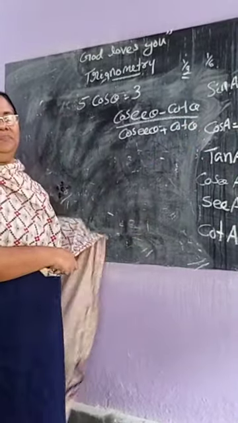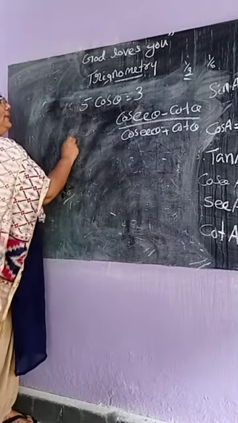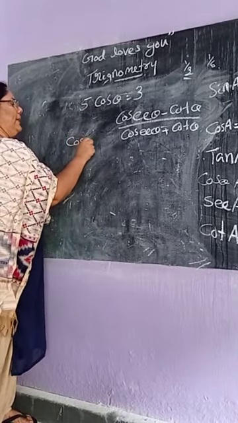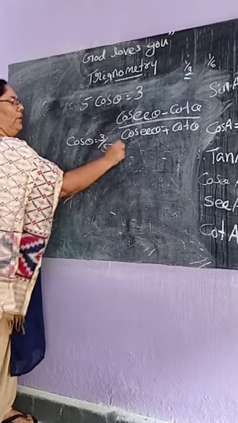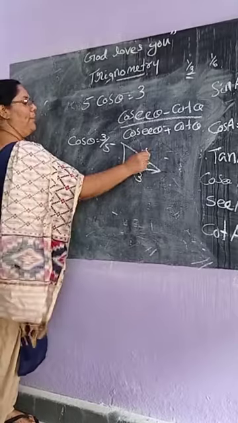Listen. Now, what is given? 5 cos theta is 3, so cos theta equal to 3 by 5. Draw the figure. Cos theta means adjacent by hypotenuse.